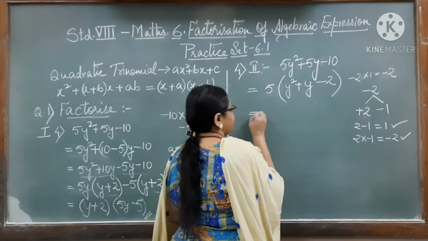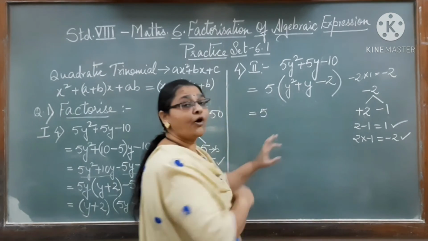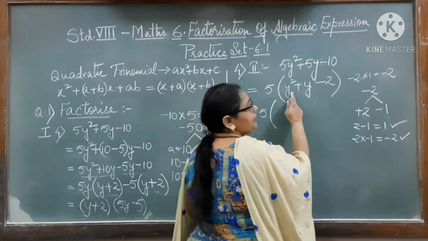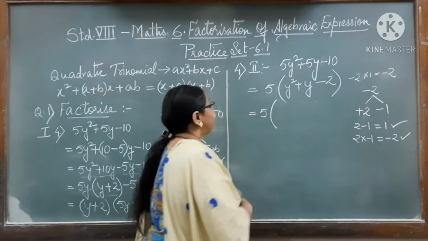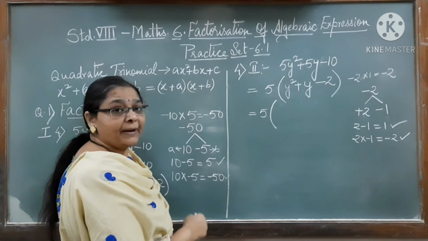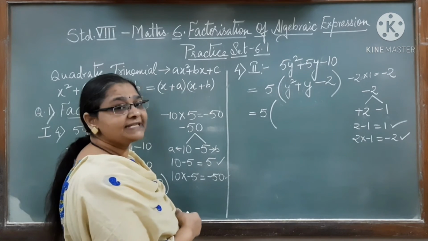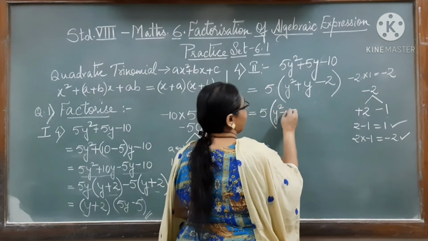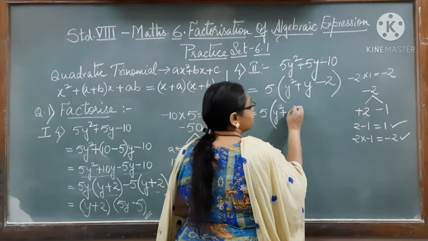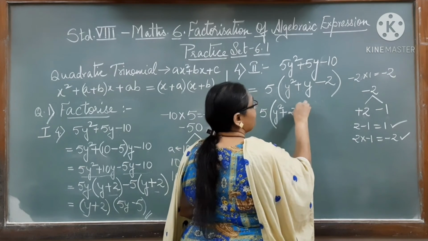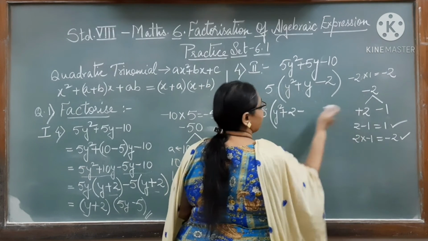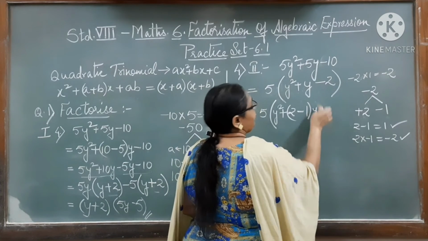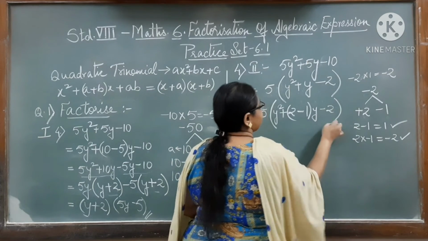So let me now continue taking the common term as it is, multiplied by. Now let me write this trinomial in the form x square plus a plus b into x plus ab form. So this will be converted into y square plus 2 minus 1 into y minus 2 as it is.